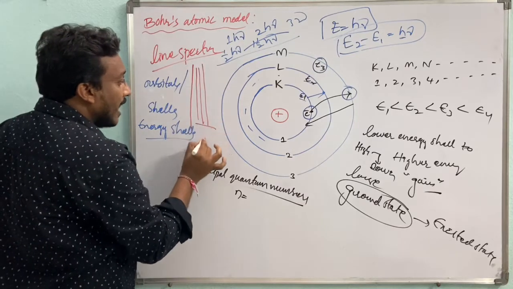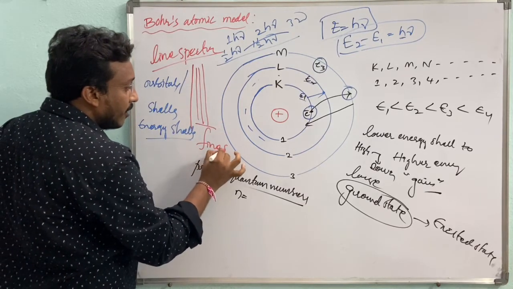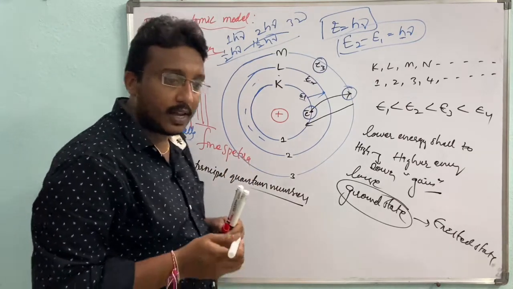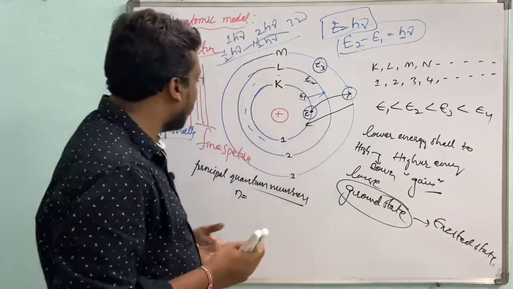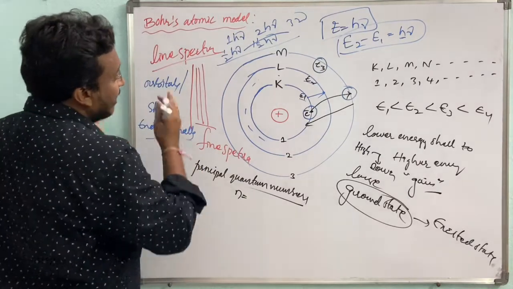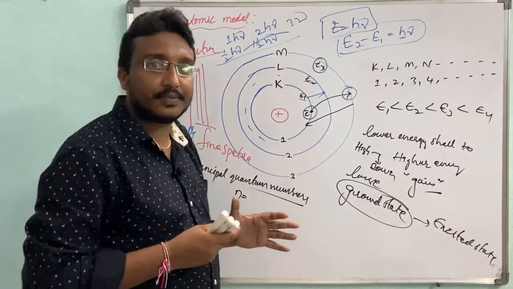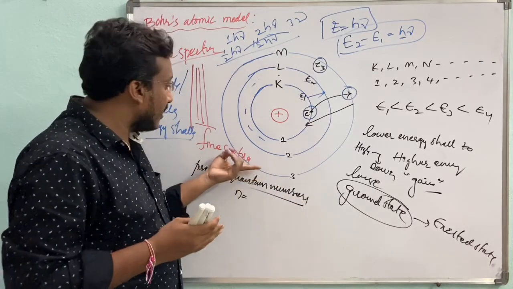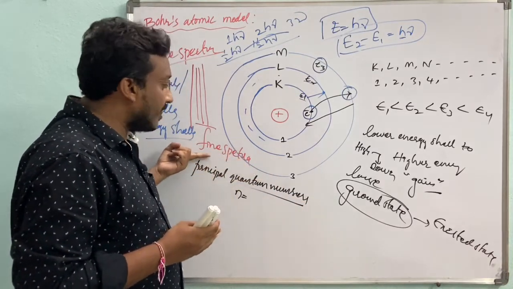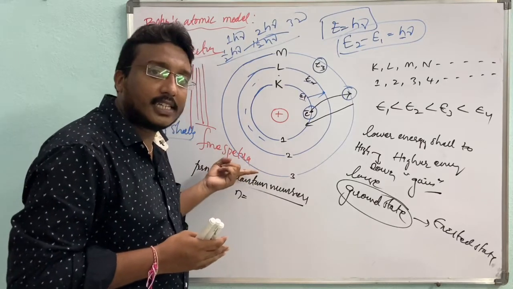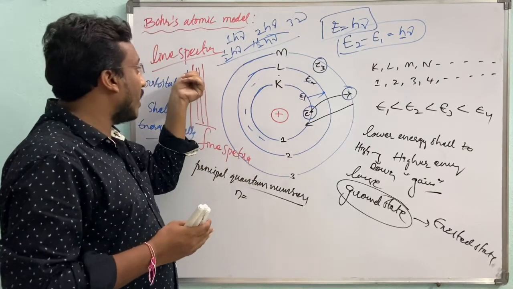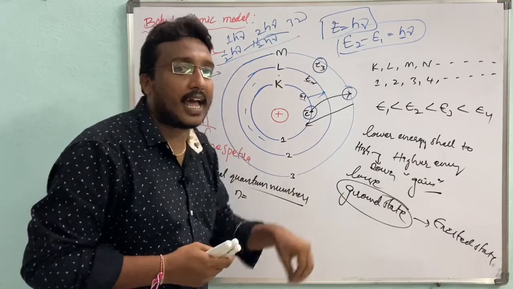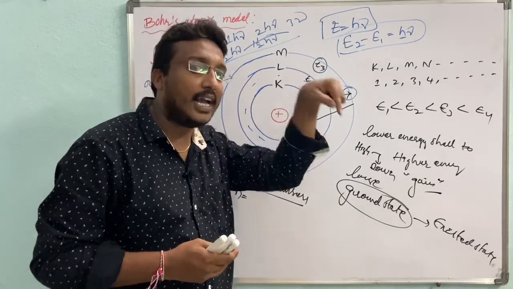That is called fine spectra. When scientists observed the line spectra of hydrogen with a magnified spectrum, it gave fine spectra. That means one line splits into many thin, fine lines.